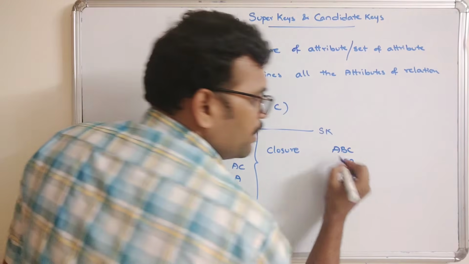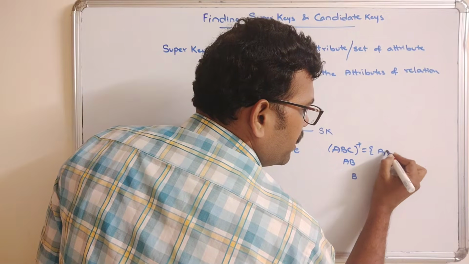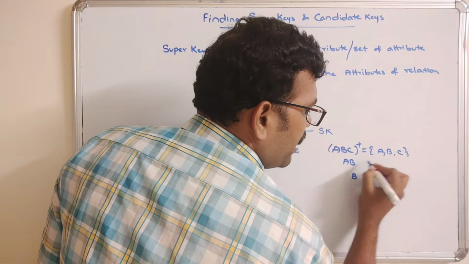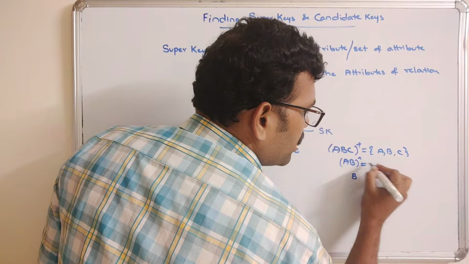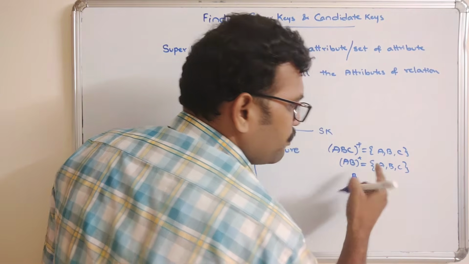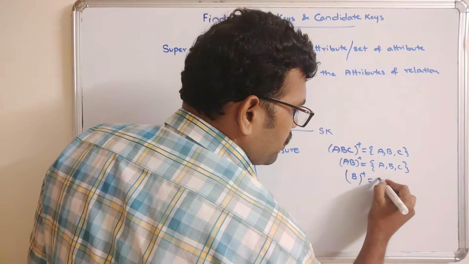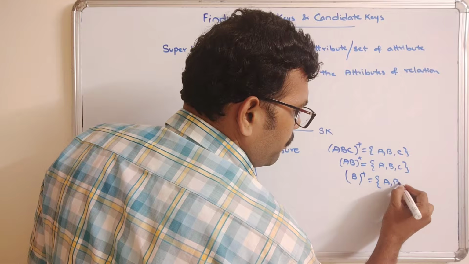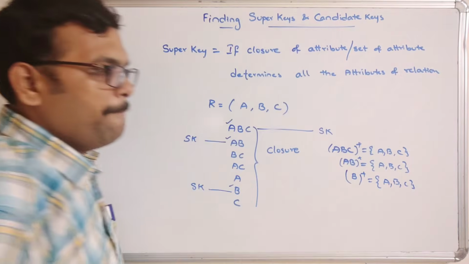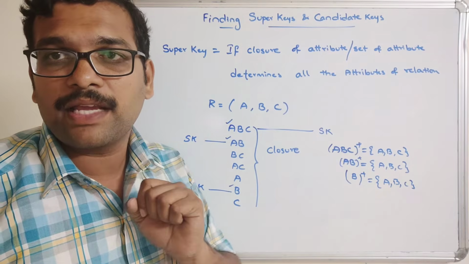How can we say that? Because the ABC closure determines all three attributes, the AB closure determines all three attributes, and the closure depends on the functional dependencies, right? The B closure can also determine all three. So these three will be called super keys. Now what will be the candidate key?